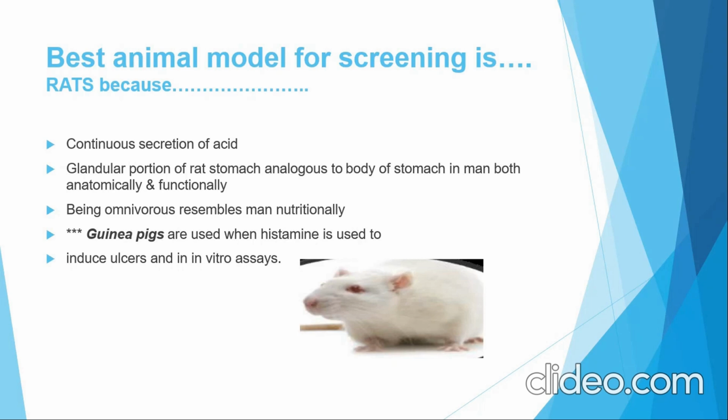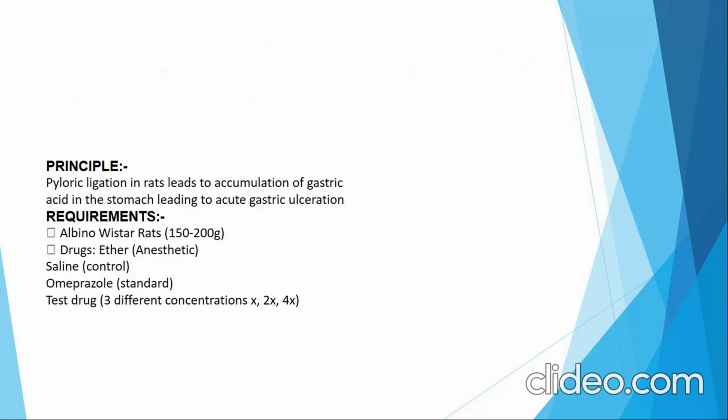Being omnivorous, it resembles man nutritionally. Guinea pigs are used when histamine is used to induce the ulcer. Induced ulcer and in vitro assays are possible. That's why the best animal model for screening of anti-ulcer agents is the rat.